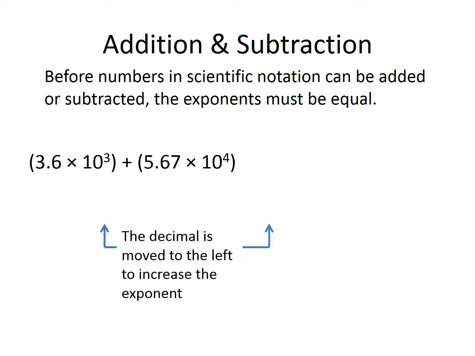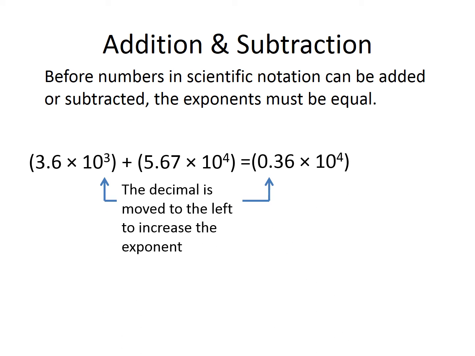What we have to do is move the decimal point in one of these numbers in order to make them equal. If we move the decimal to the left, then we can increase the exponent of the number. So here we've taken 3.6 times 10 to the third, moved the decimal to the left one place to where it is now 0.36 times 10 to the fourth.